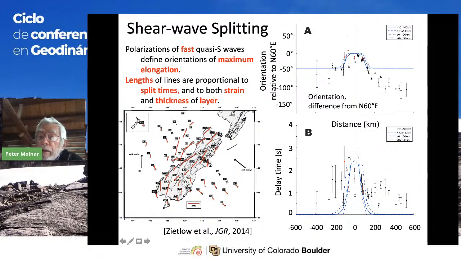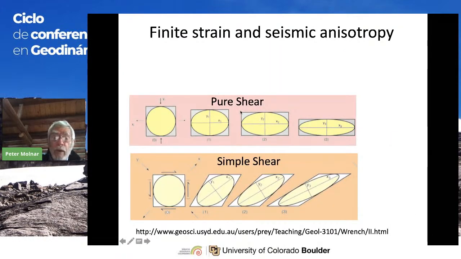So near the center of this, one has orientations nearly parallel to the maximum elongation, and the maximum delay time splitting is also located in these values where the strain is allegedly maximum. So polarizations of fast quasi-S waves define orientations of maximum elongation. The lengths are proportional to split times, and those scale with the strain, total finite strain, and the thickness of the layer. I'll say that again in a minute in a different way.